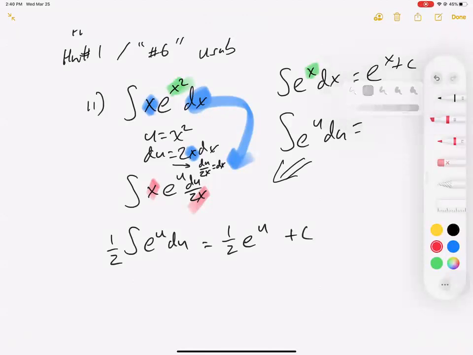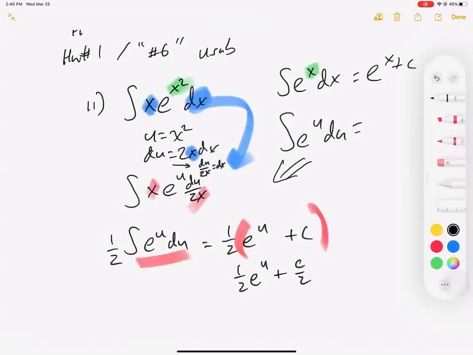You could write this as 1/2 e to the u plus c over 2. But isn't c over 2 just some constant? So we just write instead plus c.